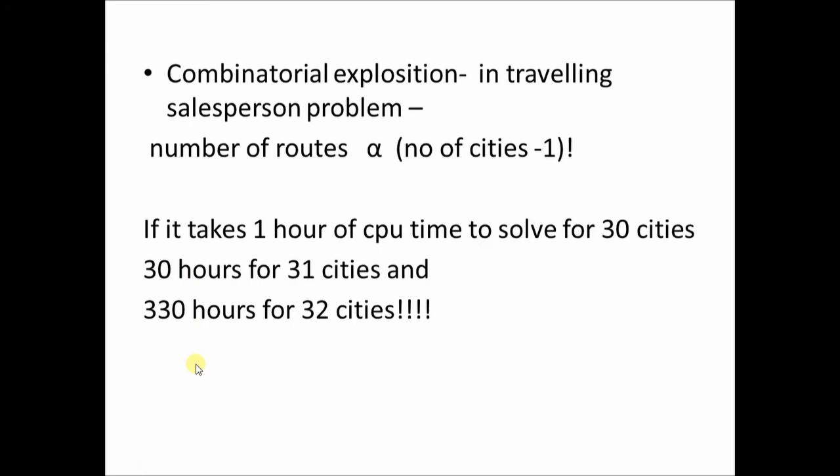It may so happen that at some point your RAM will not be able to bear the calculation and your program will crash. We will specifically see what this combinatorial explosion is and what it does while we are studying the search techniques in the next lectures.